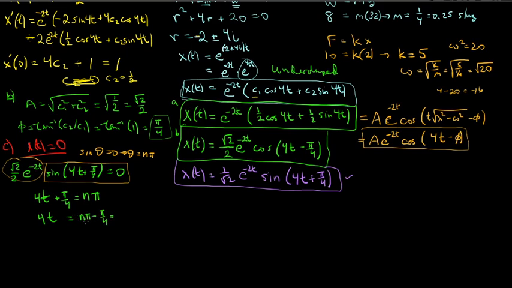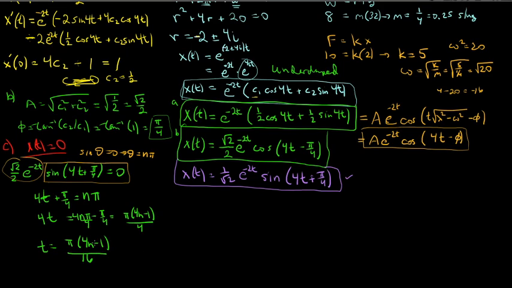I'm tempted to just get a common denominator here. So this is going to be, let's see, pi times 4n minus 1 all over 4. And when you divide by 4, you get that t is equal to pi times 4n minus 1 all divided by 16.